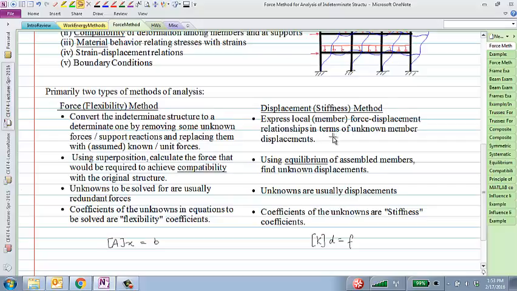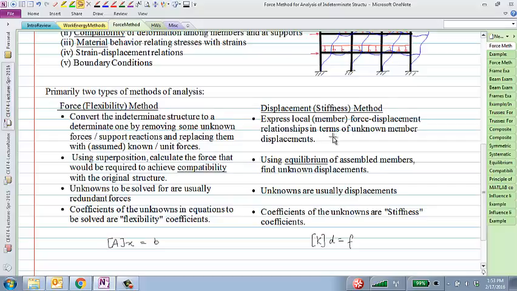So if you take that big, highly interconnected truss, and imagine each one of those members individually, then you can actually describe what happens to each member very well. If I apply a force F, it will have a displacement of PL or FL over AE. We know that force-displacement relationship for each individual member, right?